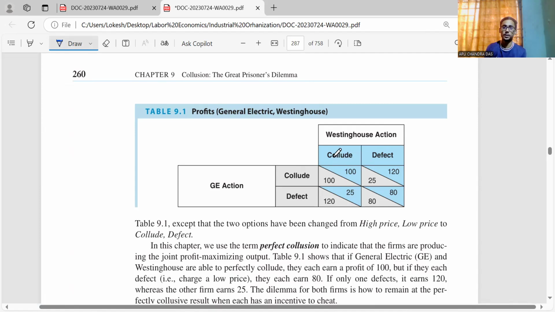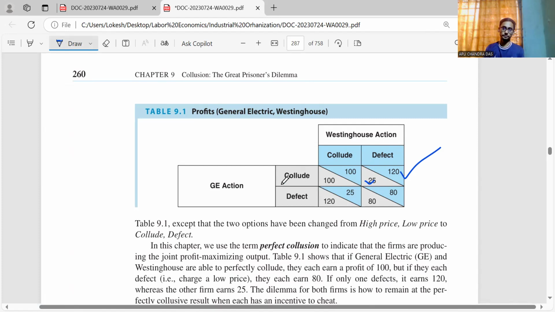If both firms collude, then they earn a profit of, say, for example, $100, and General Electric also earns $100. Similarly, if Westinghouse defects, its payoff becomes 120, but General Electric's profit is lower, at 25.